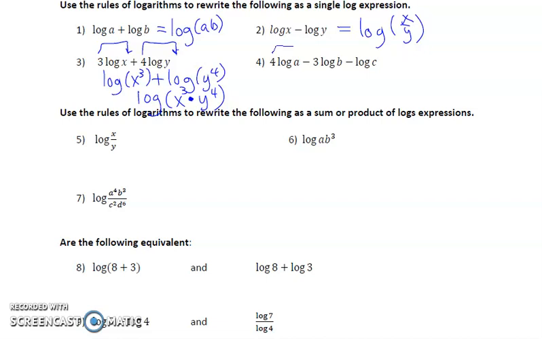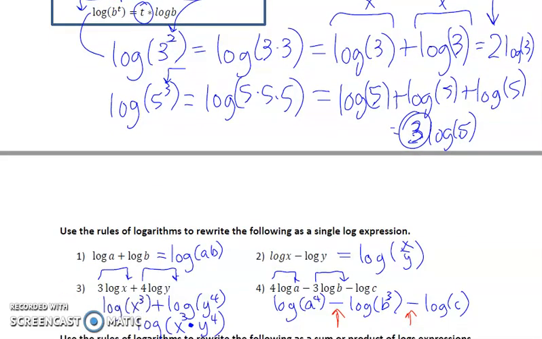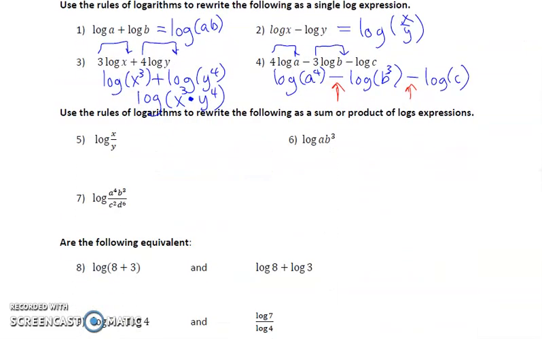So the next one, we have 2 numbers up front. Those are exponents. So we're going to have log of a to the 4th minus log of b cubed minus log of c. That's the third rule. We have 2 subtraction problems, which tells me that these are going to be denominators. Keep in mind that in that rule, under subtraction, it actually ends up being a fraction. Because there's two subtraction problems, that means both the b and the c will actually be in the denominator.